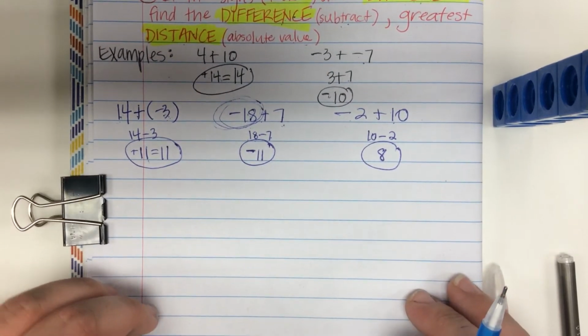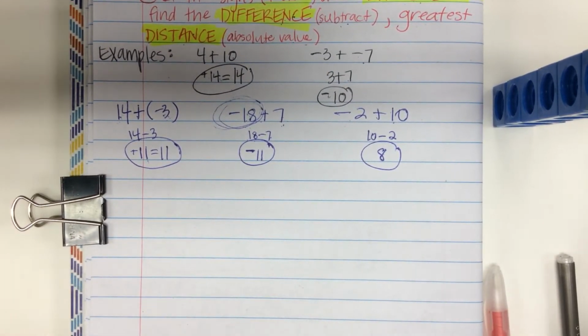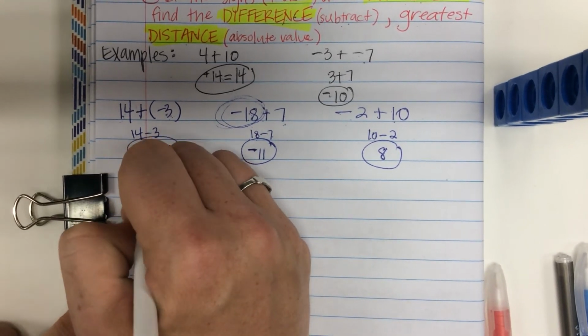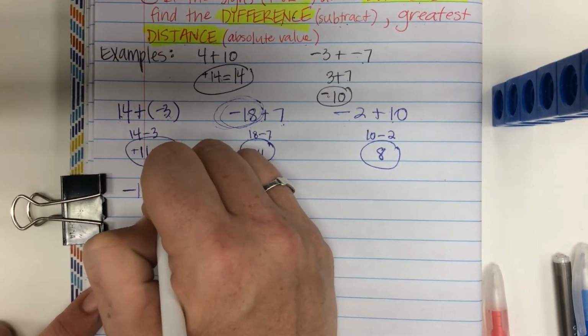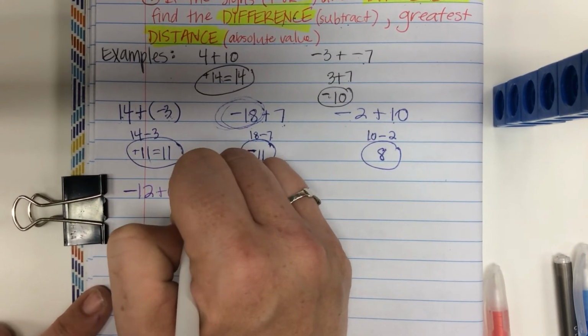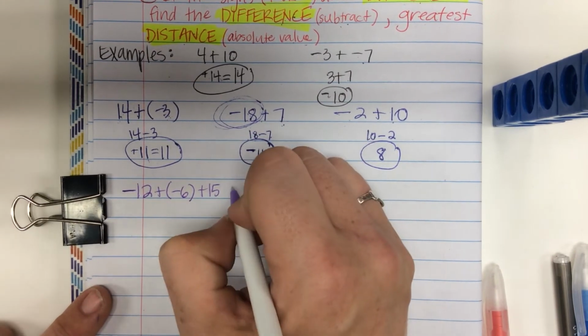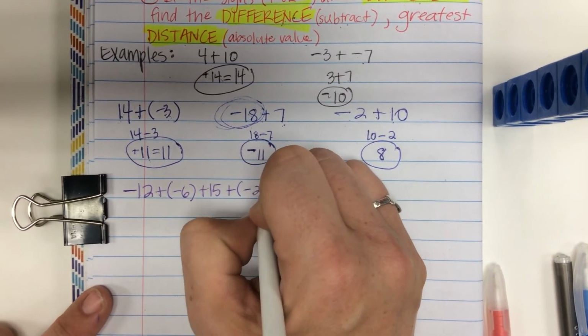Sometimes they're going to be all mixed up. Let's do a hard problem. Negative 12 plus negative 6 plus 15 plus negative 2.